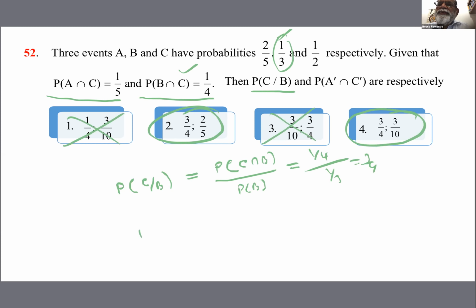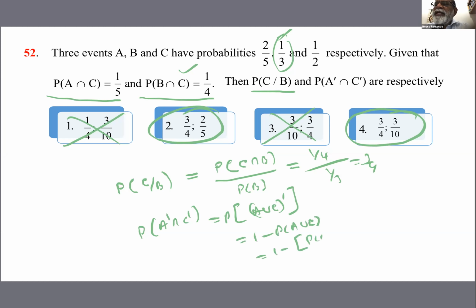Now probability of A complement intersection C complement, that is probability of the complement of A union C. So it is 1 minus probability of A union C. So 1 minus probability of A plus probability of C minus probability of A intersection C. Substitute: probability of A is 2 by 5, probability of C is 1 by 2, probability of A intersection C is 1 by 5.